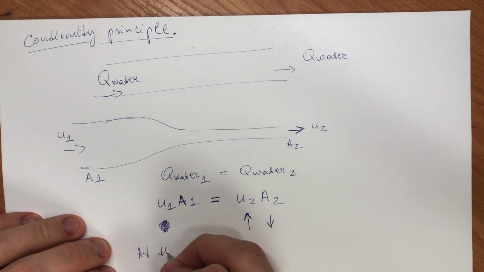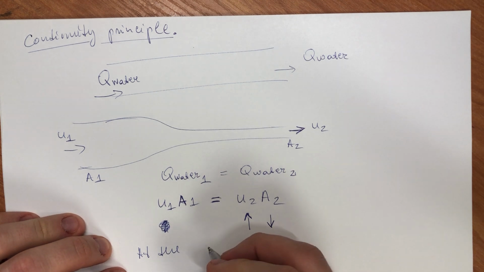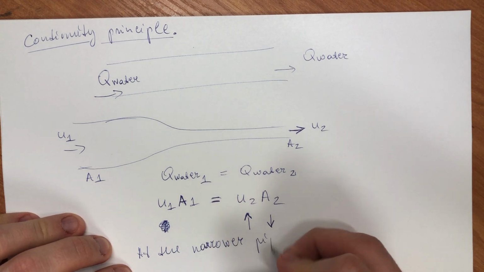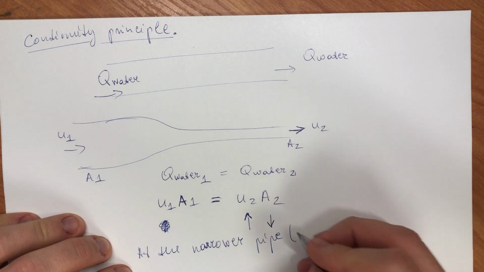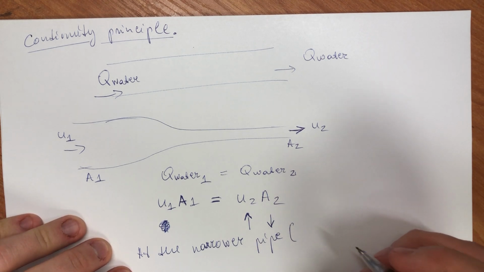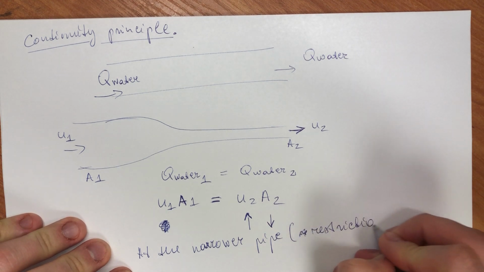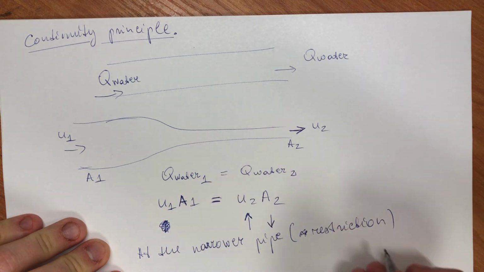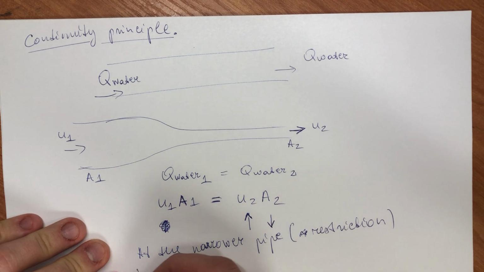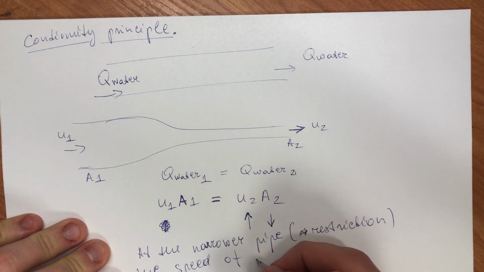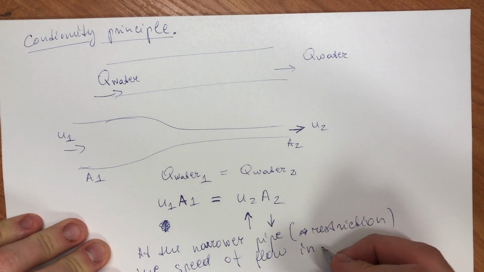So it means that at a narrower pipe, a restriction, as we may call it, the speed of flow increases.